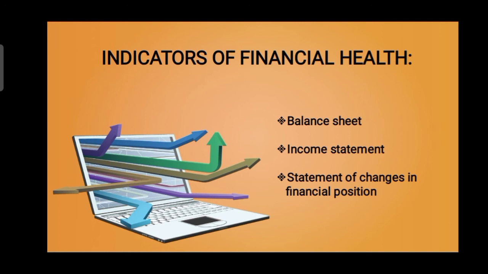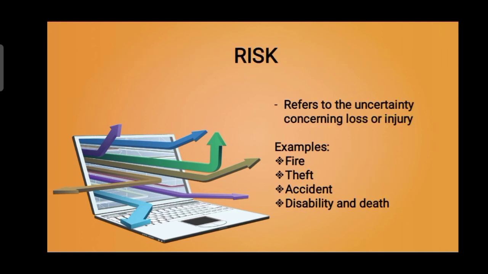And there are indicators of financial health. First is the balance sheet, second is the income statement, and third is the statement of changes in financial position. And the risk. Risk refers to the uncertainty concerning loss or injury.